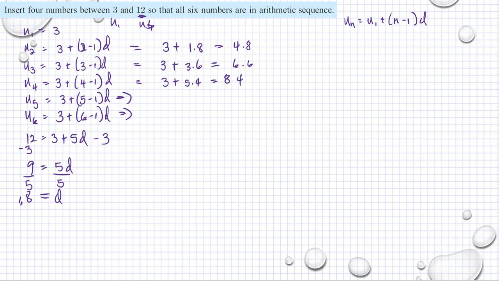I will take a look at that later. 3 plus 7.2, then we have 10.2. I will check my answer with my calculator. We have 1.8 times 2, 3.6, times 3, 5.4, times 4, 7.2.